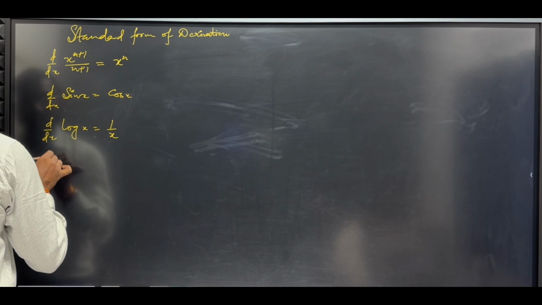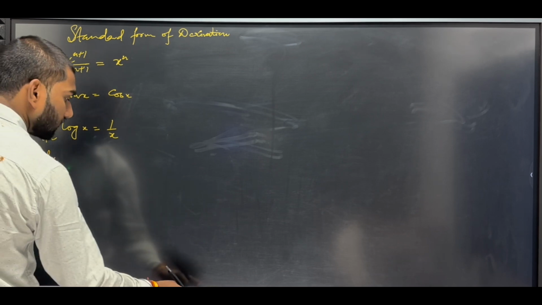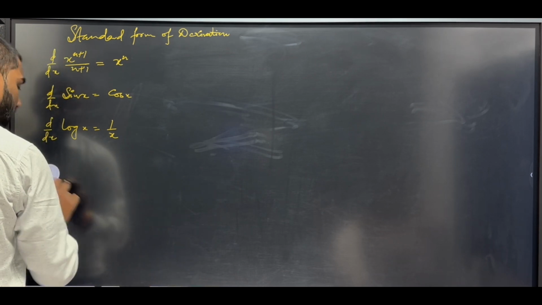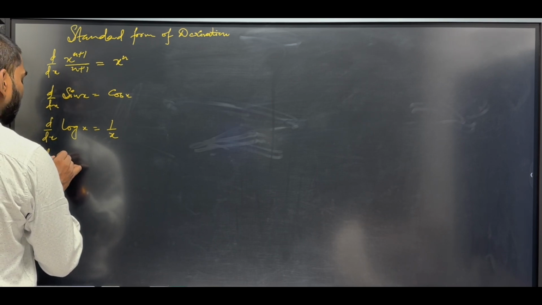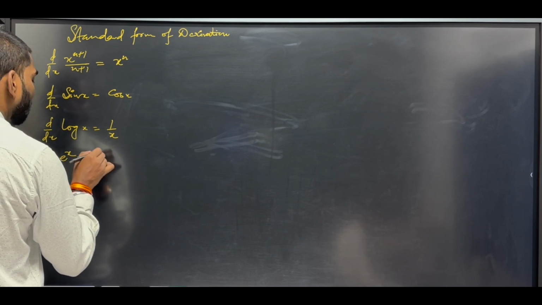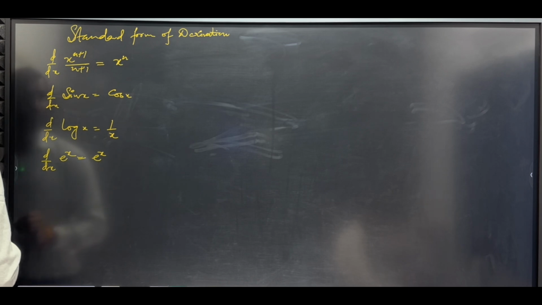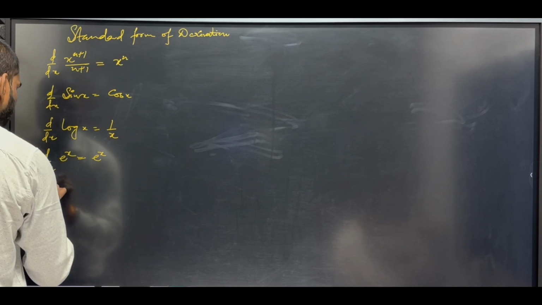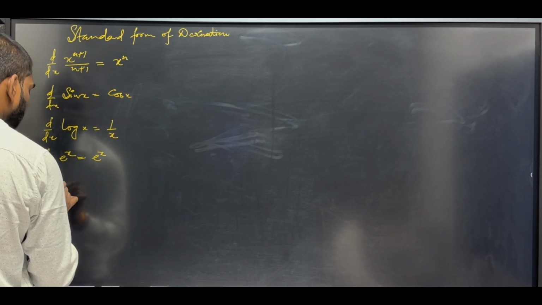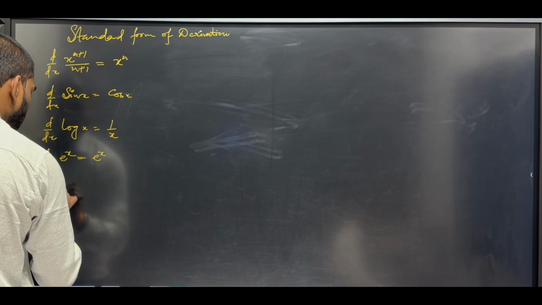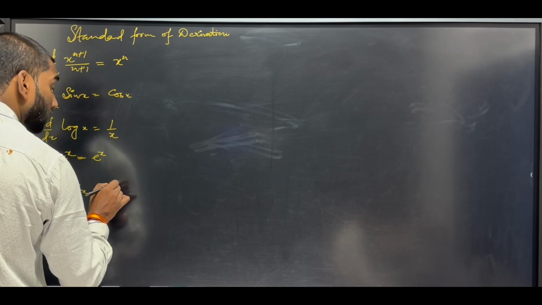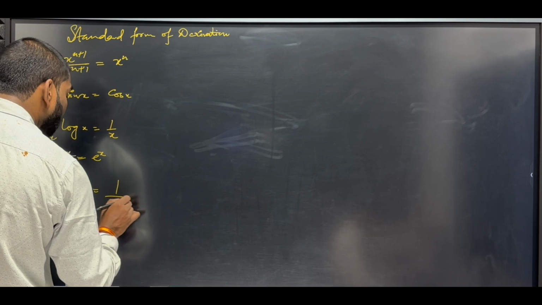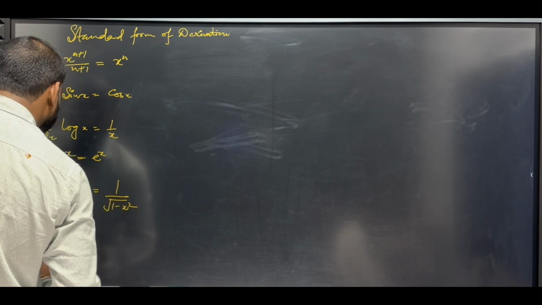Right, now d by dx of e to the power x is equal to e to the power x. Right, now d by dx of sine inverse x is equal to 1 upon root 1 minus x square.